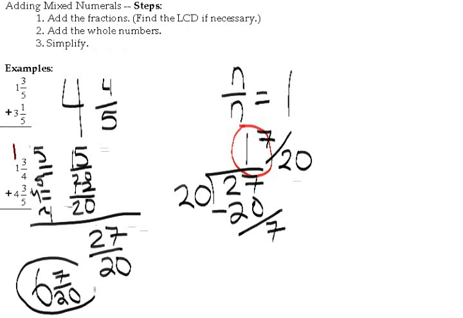So our answer then is 6 7/20. And in this case, we cannot simplify it. 7/20 cannot be reduced. We've already converted the improper fraction to a mixed number and carried that whole number over and added it with the other whole numbers. So our final answer is 6 7/20. So these are the steps for adding mixed numbers.